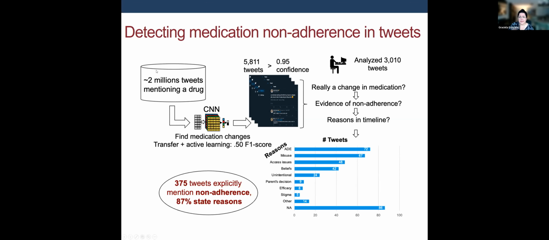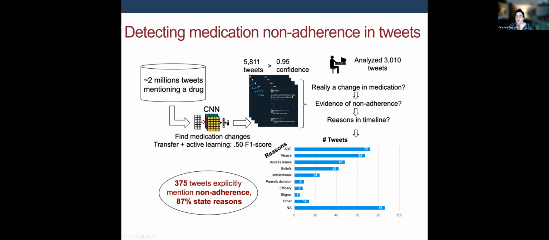Not tweets, this was actually from WebMD. We found that the reason given most of the time was adverse events experienced, 72. Misuse was the next category. Access to the medication issues was 48. And I'm sorry, this is not percent, this is counts.